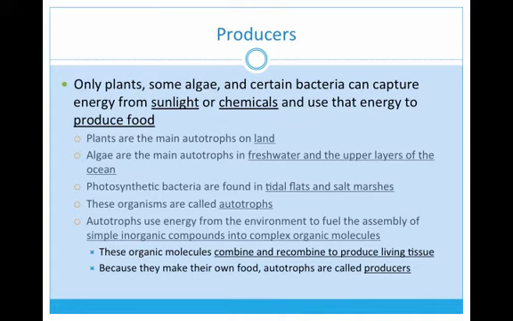Now, if you remember from the equation last year in 7th grade of photosynthesis, you're taking inorganic compounds and making them into glucose, a carbon-based sugar. That's an organic molecule. These organic molecules combine and recombine to produce living tissue. You can take glucose, which is a carbohydrate, and change it into proteins and fats, which can be made into living tissue. Because they make their own food, autotrophs are called producers.